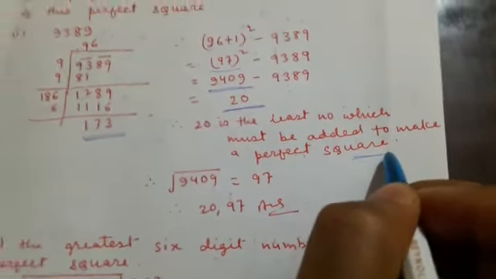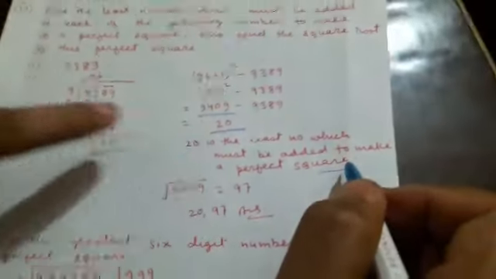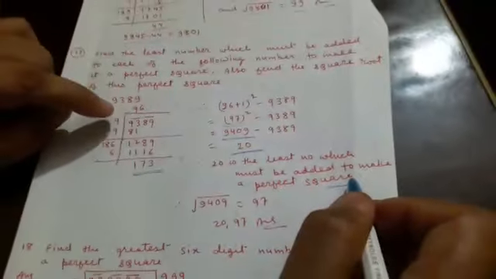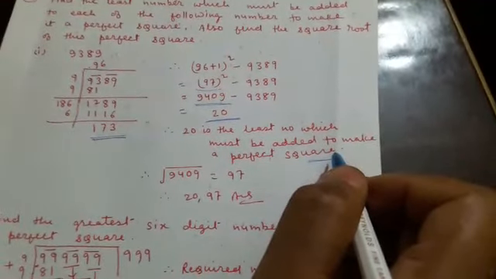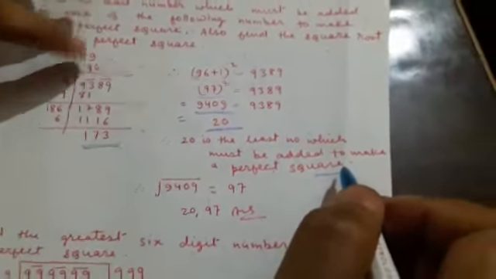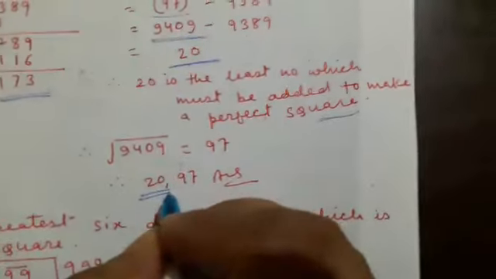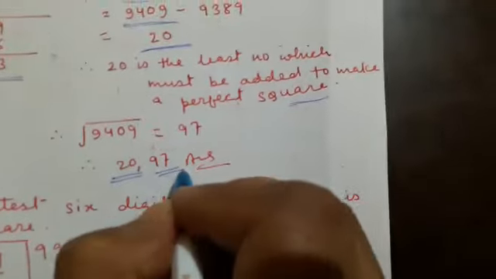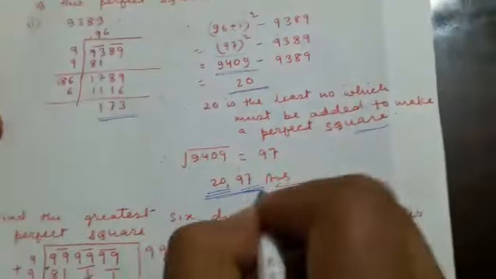And it will be the perfect square of 97. If we add 20 here, then this number will be completely divisible. So 20 is the least number to add, and 97 is the square root of the resulting number. So this will be the answer.